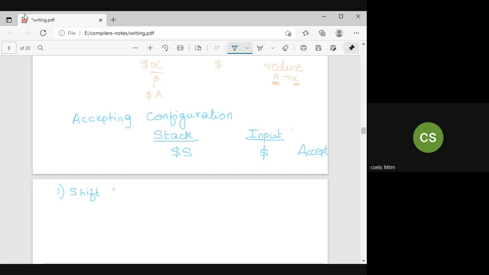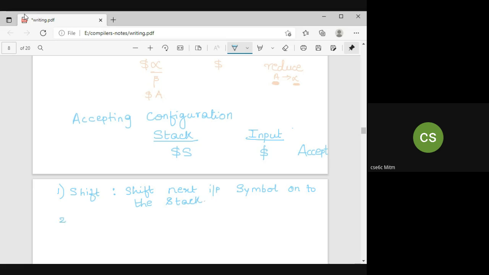Write the description: shift the next input symbol onto the stack.